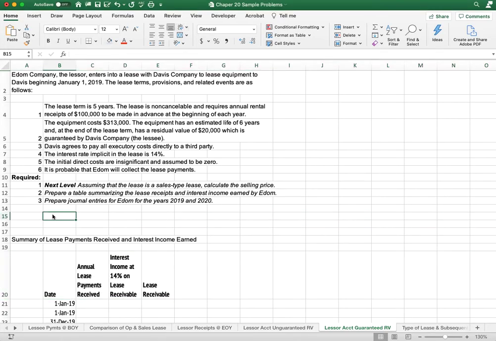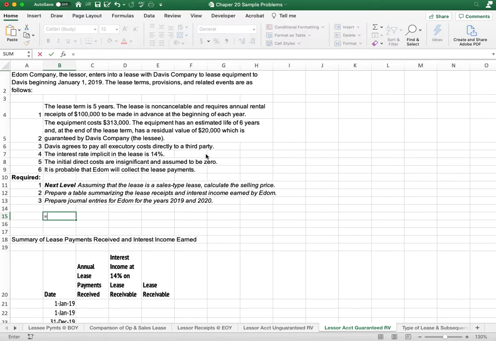Because this is a guaranteed residual value, we need to do the present value of these 5 years of $100,000 payments, as well as the lump sum of the $20,000. We'll do both of those and then sum them together.